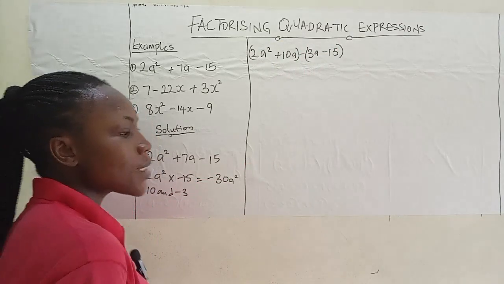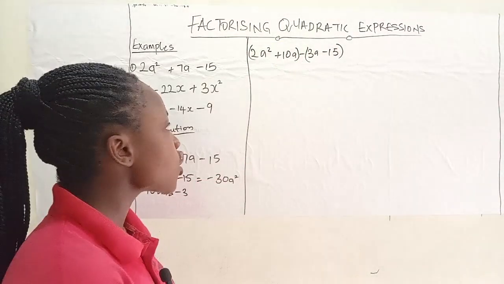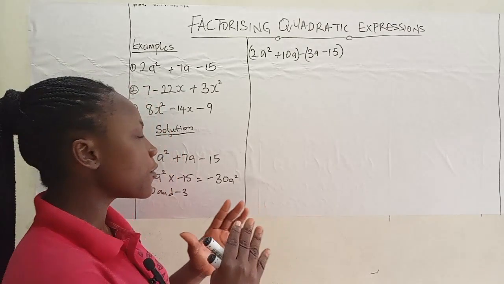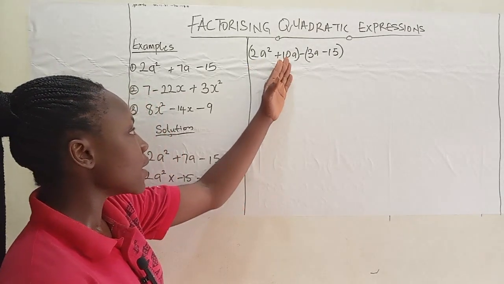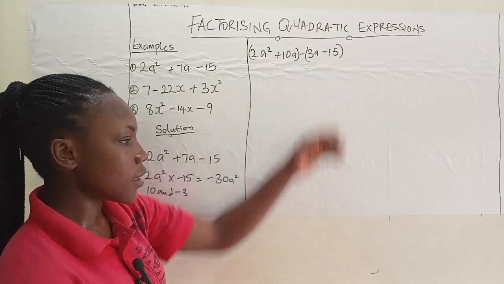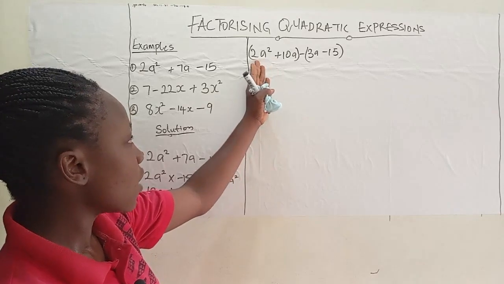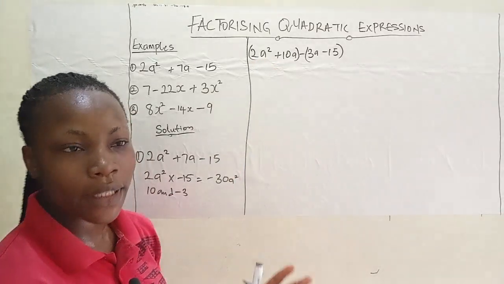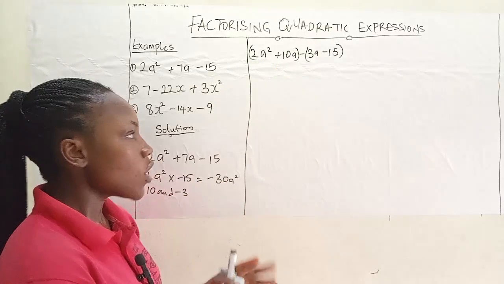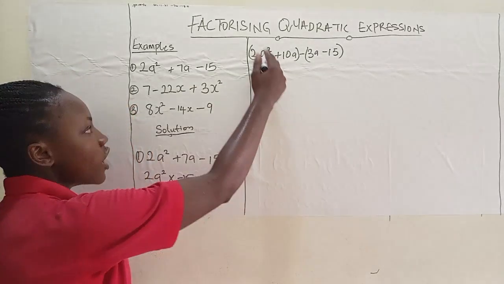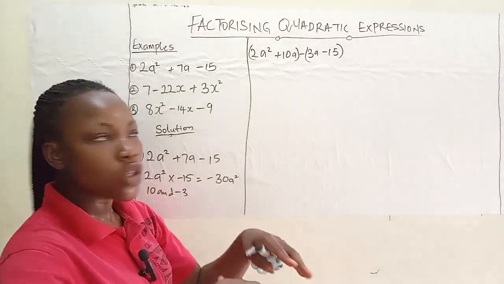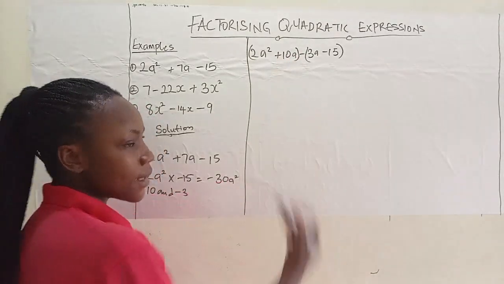Now, the next thing to do is to look for the common factors here and here, and also here and here. What I mean by the common factors is, what can you find in 2a squared that you can also find in 10a?